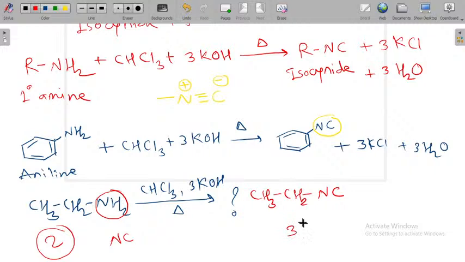But in the product there are 3 carbon atoms including this isocyanide carbon. So this reaction is called a step up reaction because one carbon atom is added in the final product, plus 3KCl plus 3H2O.